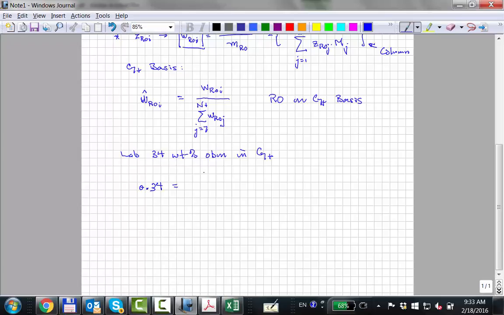That means that 0.34 is the mass of the oil-based mud in the C7 plus of our sample mixture, our MDT sample mixture, divided by that same oil-based mud C7 plus the mass of the reservoir oil.